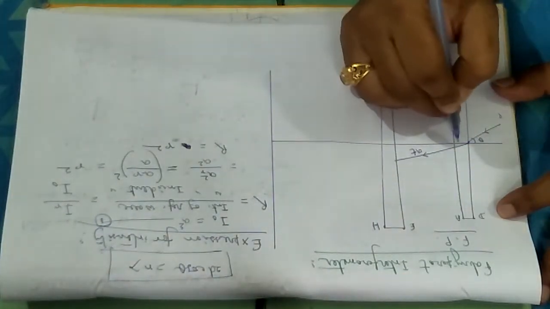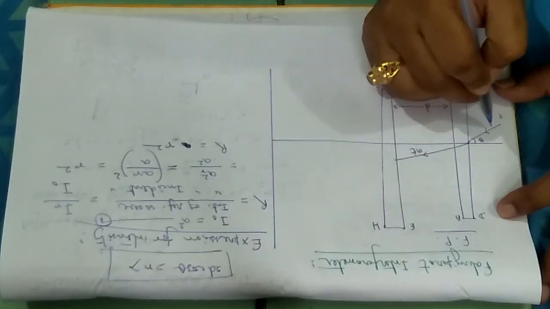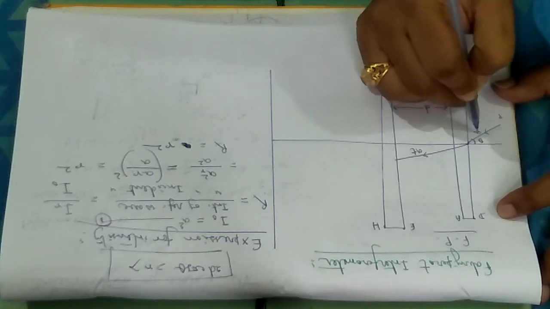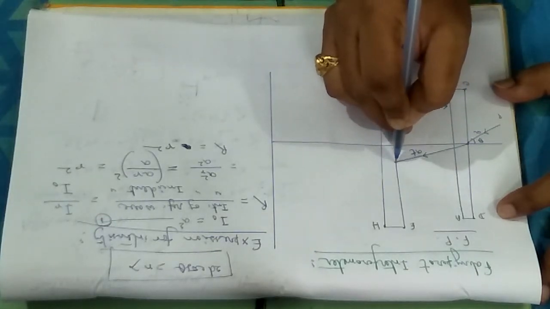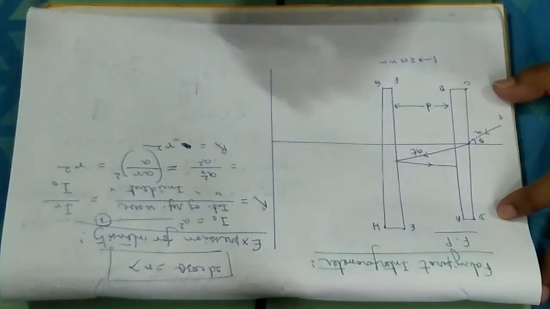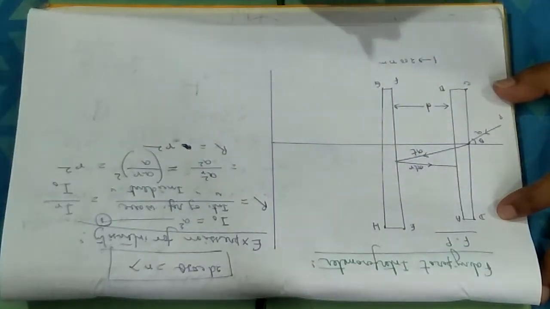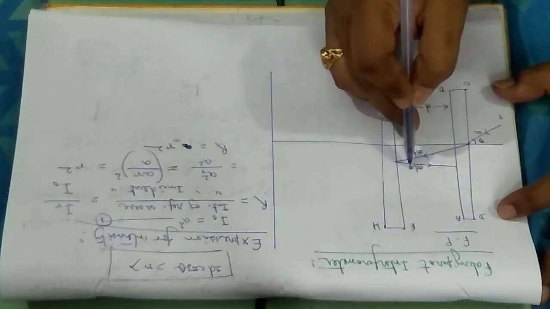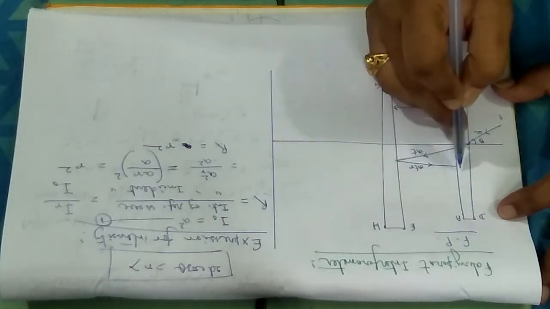If the incident ray has amplitude A, a part AT will be transmitted. If it suffers reflection here, another part ATR will be reflected, where r is another coefficient multiplied with the previous ray.